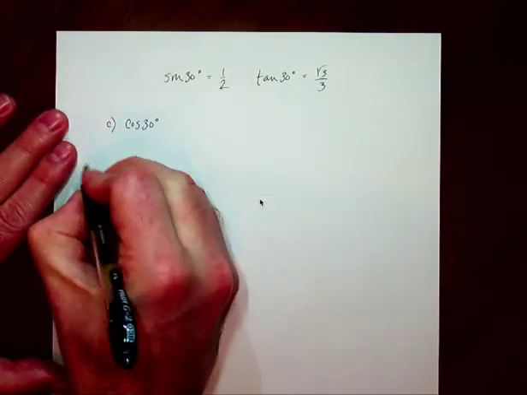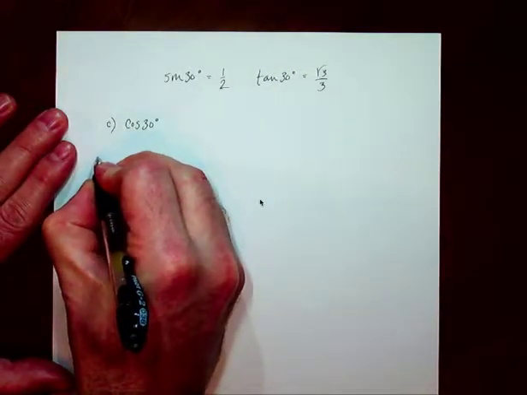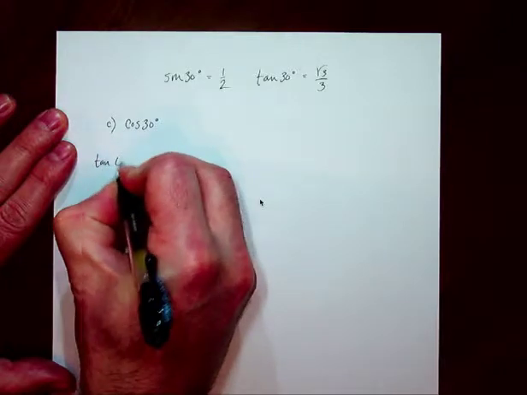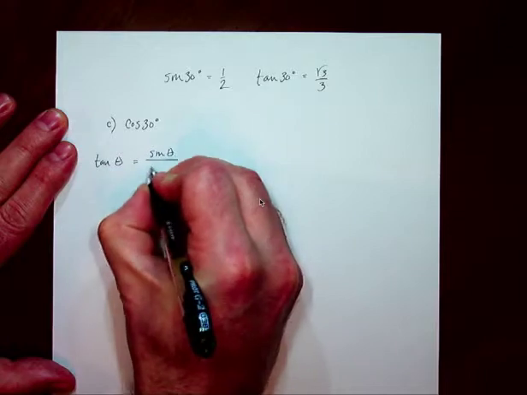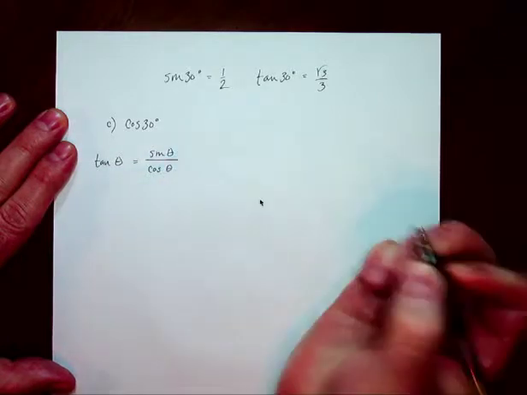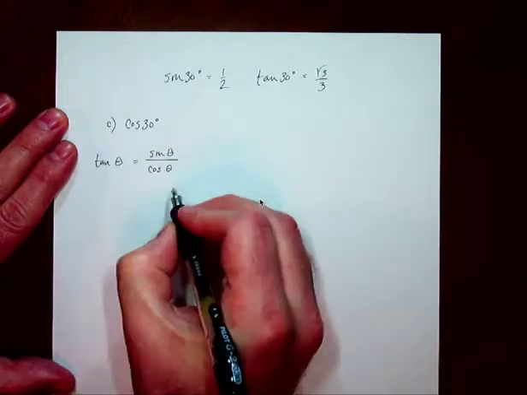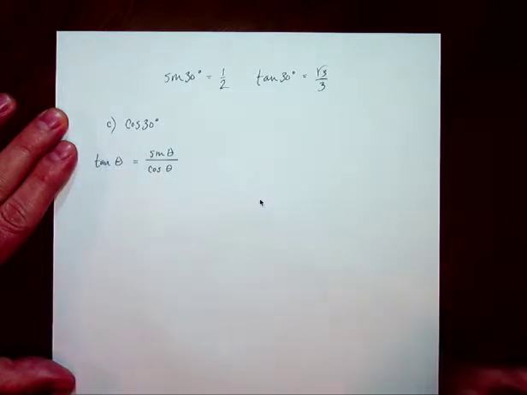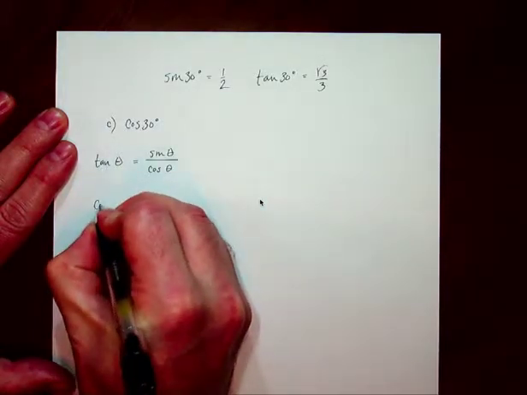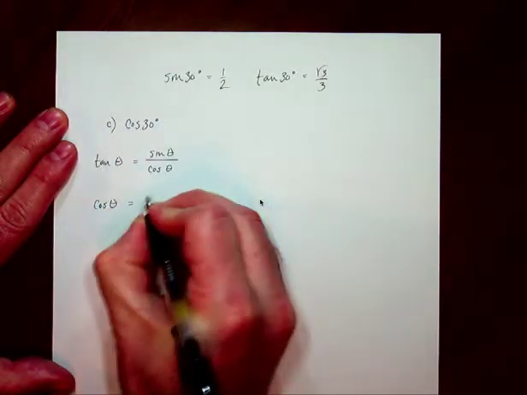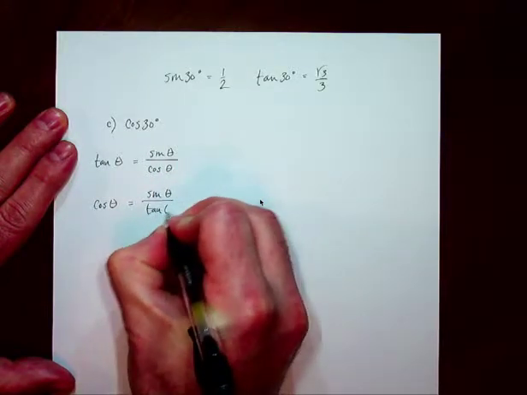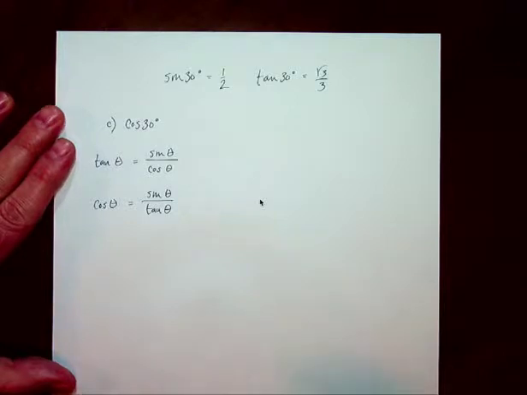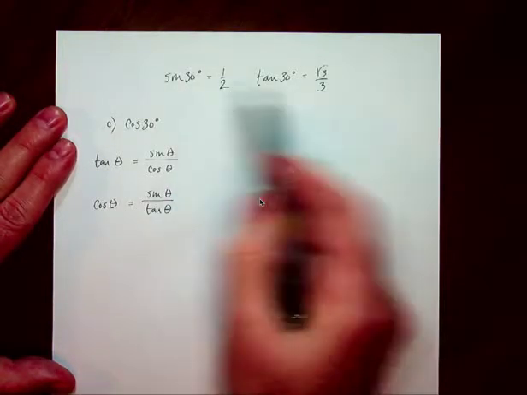The first is to recognize that tangent of theta is equal to sine theta over cosine theta, which means that if you switch it around and solve for cosine, you get cosine of theta is equal to sine theta over tangent theta. And if we use this, we simply have to take these two values and plop one over the other.